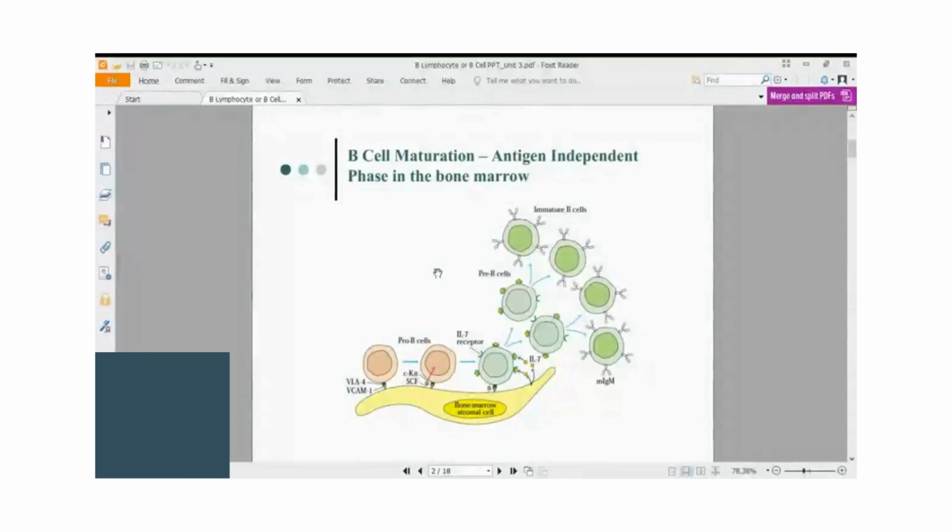There are two major lineages: the myelocytic lineage and the lymphocytic lineage. The myelocytic lineage will give rise to all the cells of the leukocytes, that are macrophages, dendritic cells, basophils, eosinophils, and neutrophils.